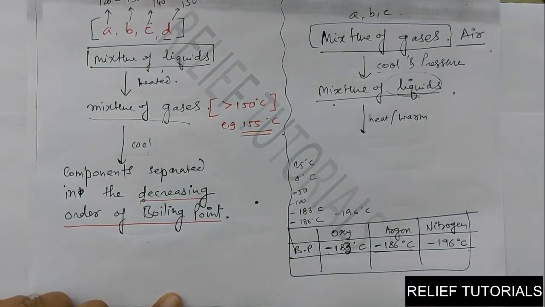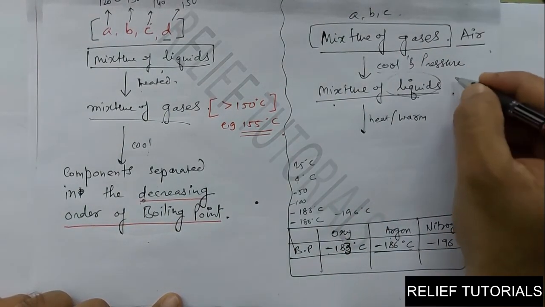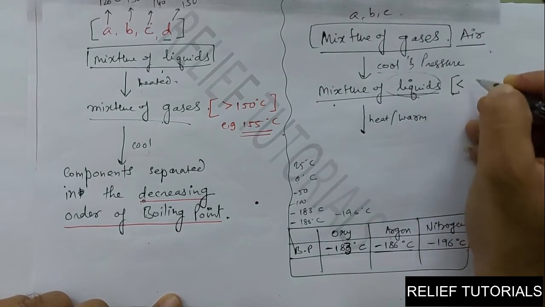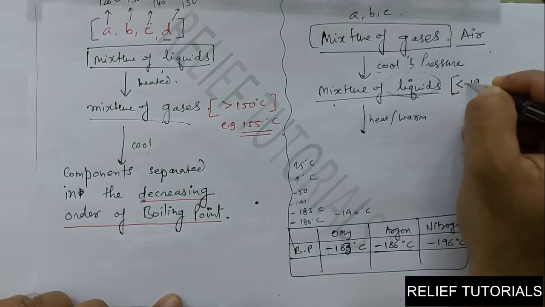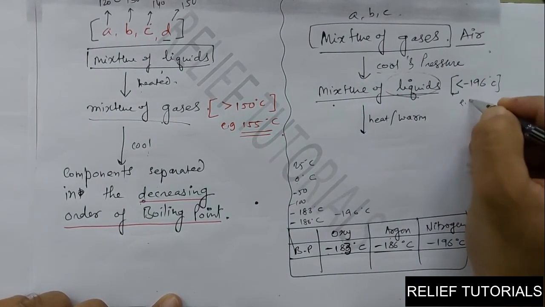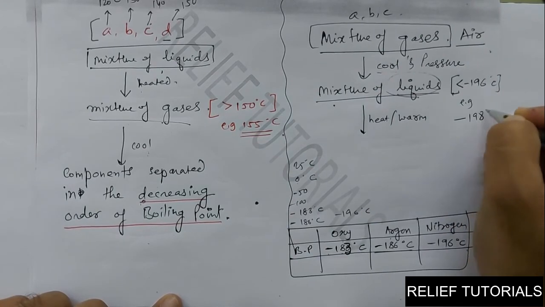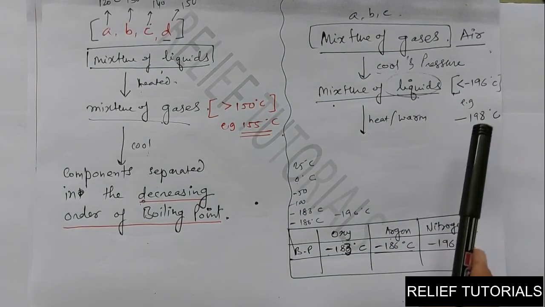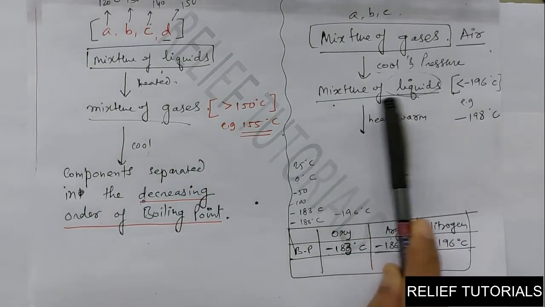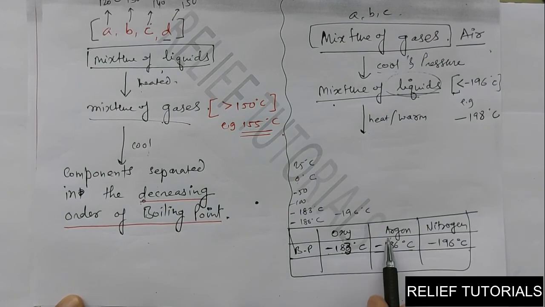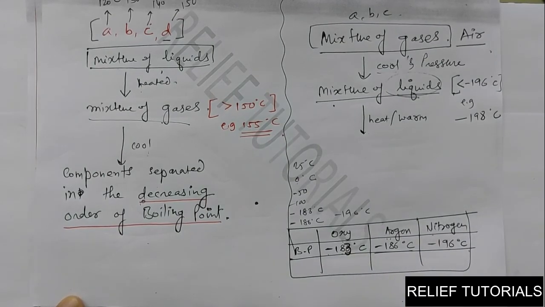So first of all, you should obtain the mixture of gases and the temperature should be less than minus 196 degrees Celsius. Just for the example, let us say it is minus 198 degrees Celsius. So at minus 198 degrees Celsius, you have the mixture of liquids. Which liquids are you having? Liquid oxygen, liquid argon and liquid nitrogen.